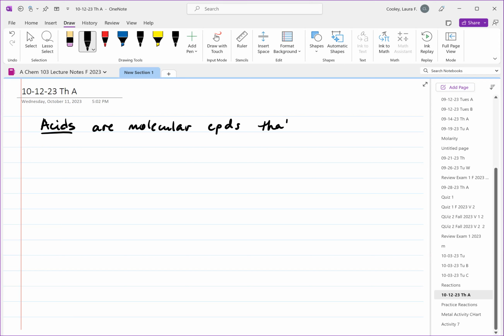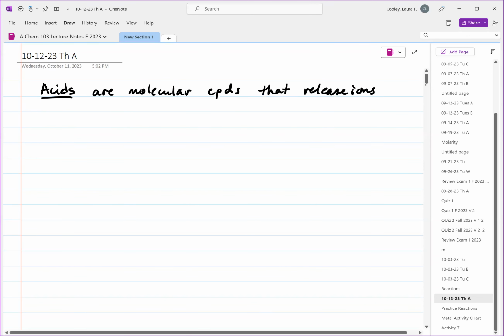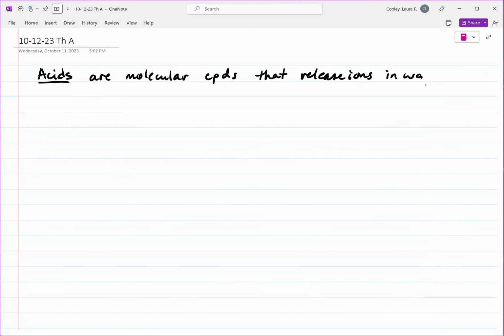So they are molecular compounds that release ions in water. And in particular, one thing is always an ion that's released. H plus is always one of these ions. And then there's some other ion, okay?